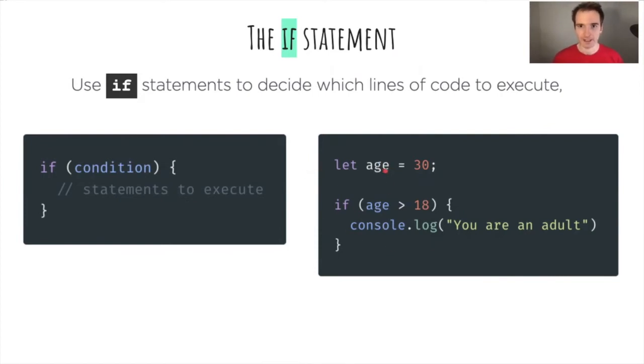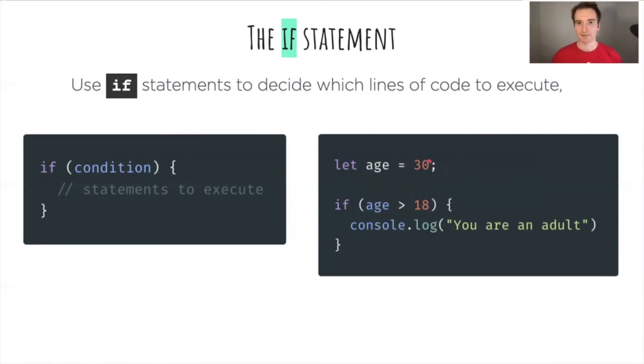So we have an example here on the right. We have this variable called age, this box, and we're putting the number 30 inside of it. Then here, we're using this comparison operator to check whether this age value of 30 is greater than the number 18.